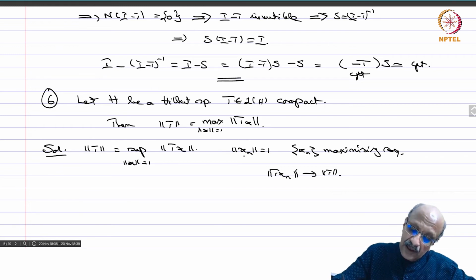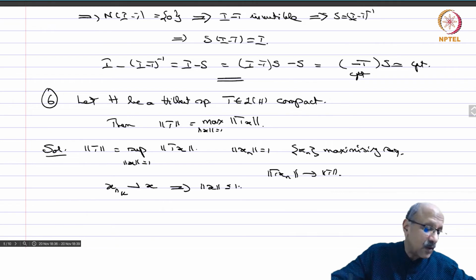Then xn has norm 1, it's bounded, so you have a subsequence xn_k which converges weakly to x, and you have that norm x is less than or equal to 1.